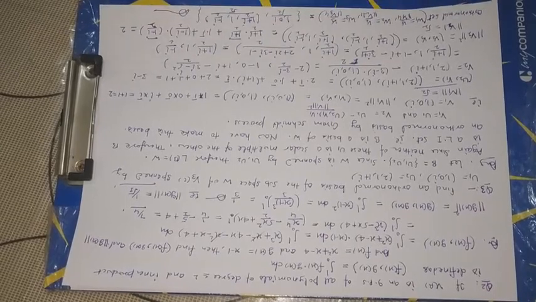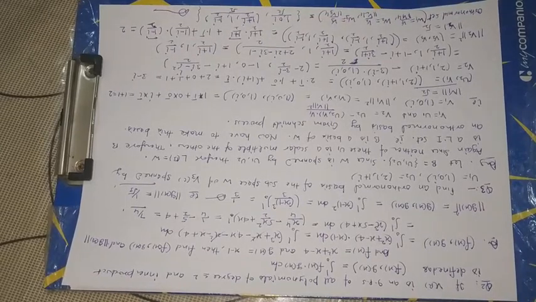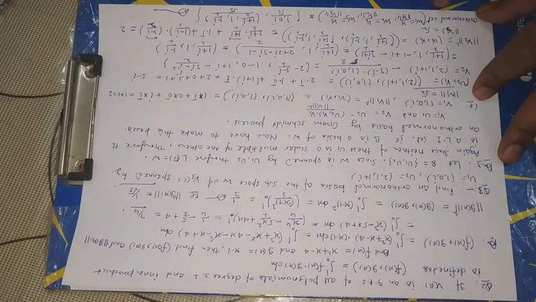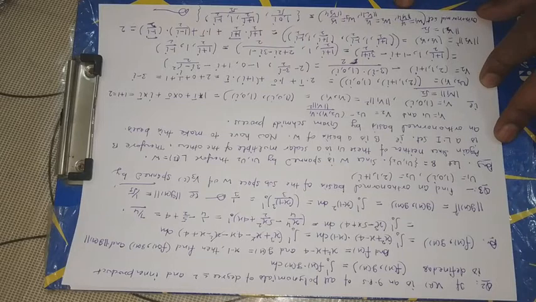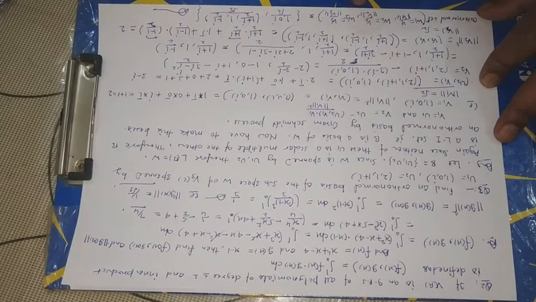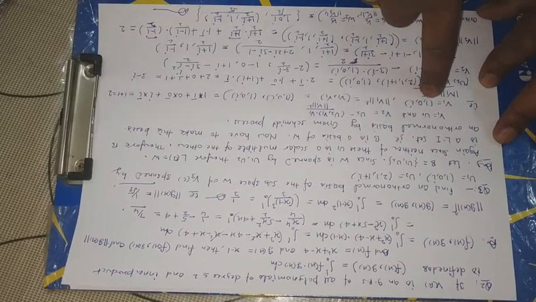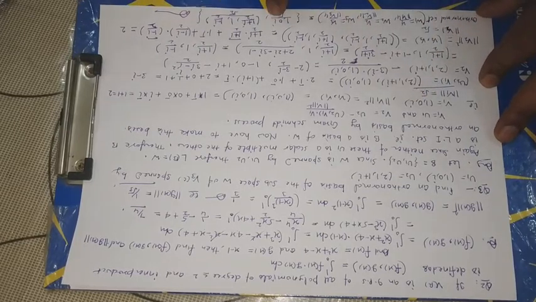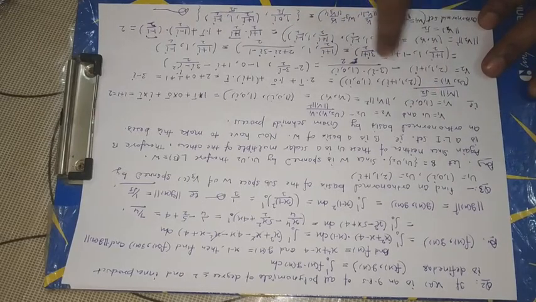Okay student, this is the complete solution. Now repeat here: the orthonormal set is W1 equal to V1 upon V1 norm, W2 equal to V2 upon V2 norm, W3 equal to V3 upon V3 norm. The value of V1 is (1, 0, i), and now V1 all under root 2.